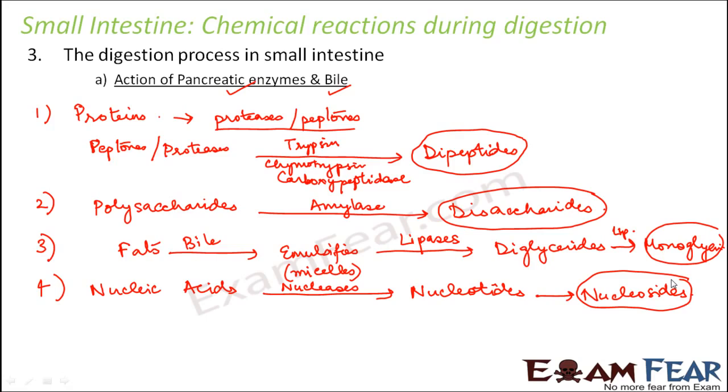The products are further broken down by intestinal enzymes, and when they are broken down by intestinal enzymes, the simplest absorbable forms are formed. That is when we say that complete digestion has taken place. So please remember the products of the action of pancreatic enzymes. Now we will talk about the action of the intestinal enzymes which causes the complete digestion.